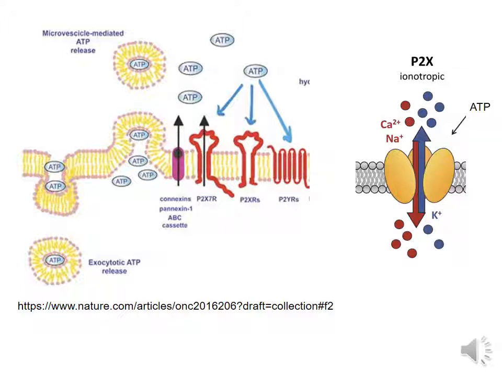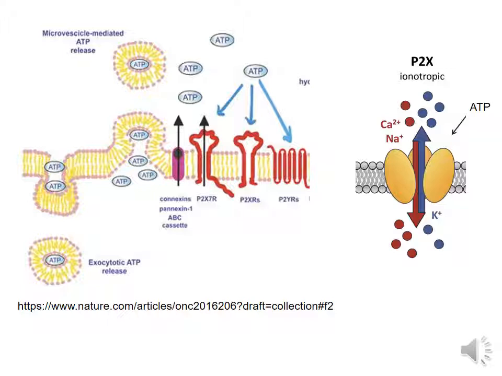They can also be mediated by a connexin, pannexin 1, or ABC cassette or pump that pumps out ATP into the extracellular space. So there are different mechanisms that can really change the levels of ATP, and purinergic receptors can sense those levels and respond to that.